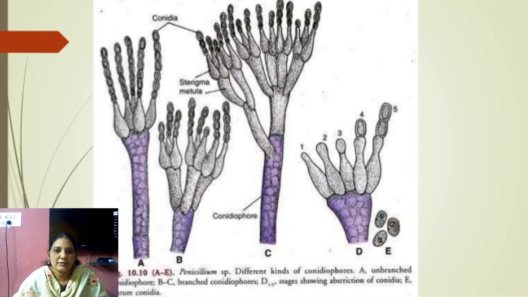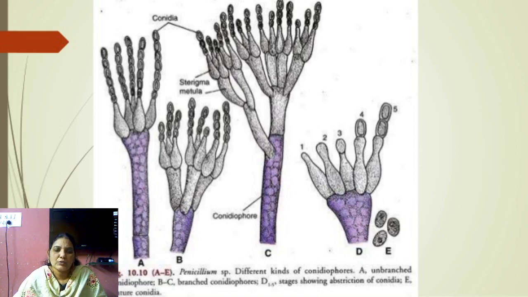In the A diagram we can see there are no branches, only one single conidiophore, and that is called monoverticillate.